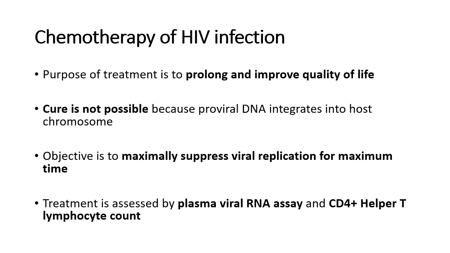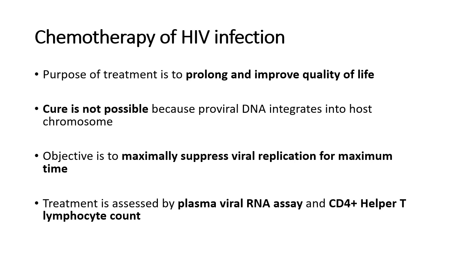So the basic purpose of treating HIV infections is to prolong and improve the quality of life. A permanent cure is not possible because the viral DNA integrates into the host genetic machinery.